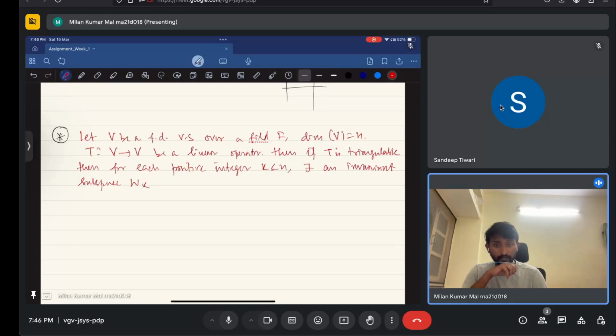That is what your question is, right? There is an invariant subspace W_k, invariant with respect to T. That is what your question is.